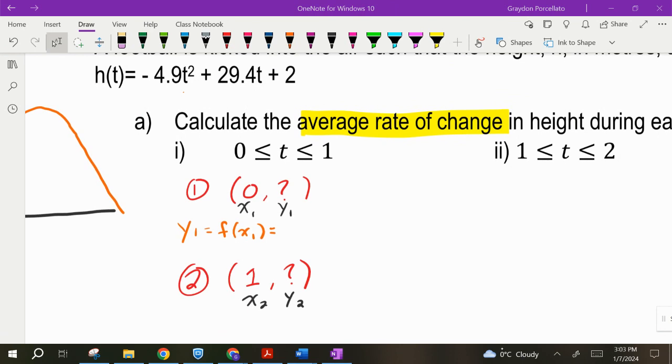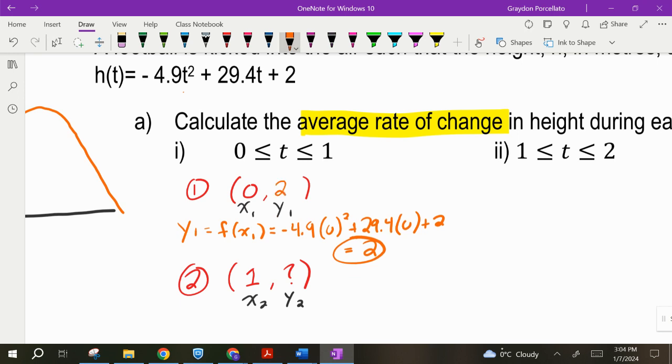That's negative 4.9 bracket 0 squared plus 29.4 times 0 plus 2. Well, I just told you that. The y value is 2. So I know that my y1 is 2, and we can put that in here.